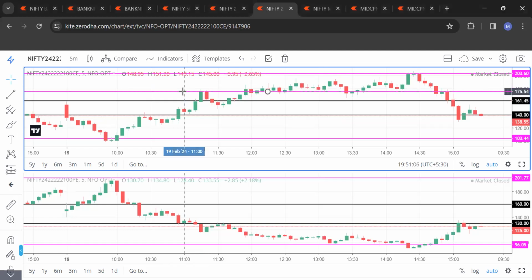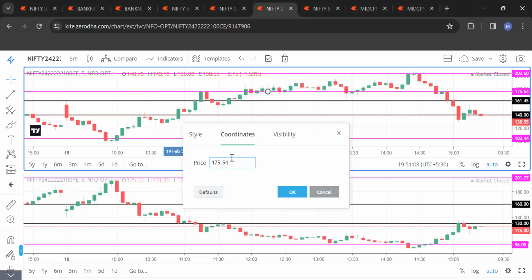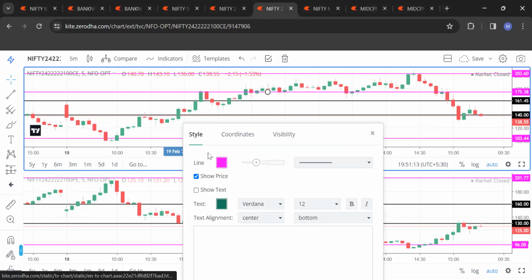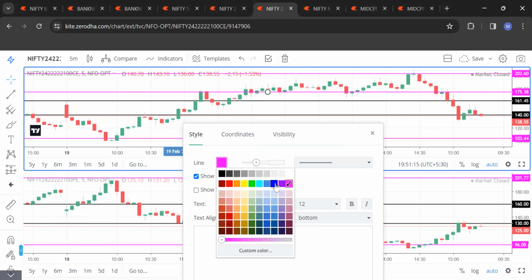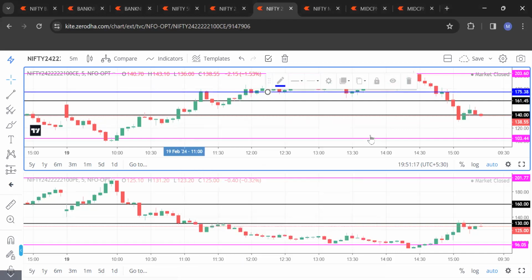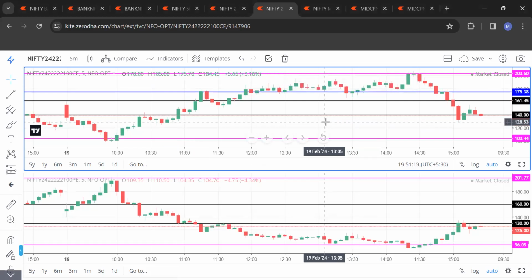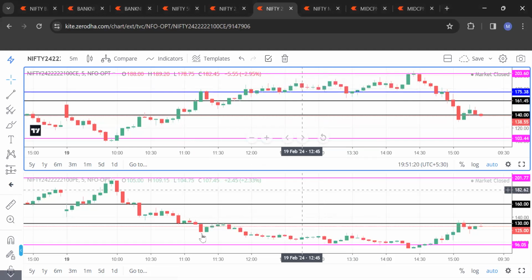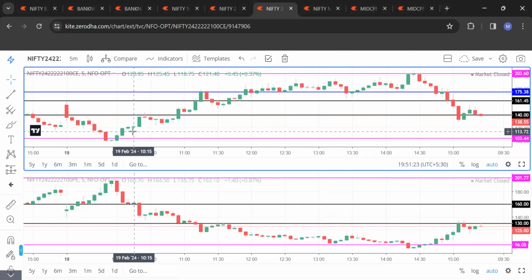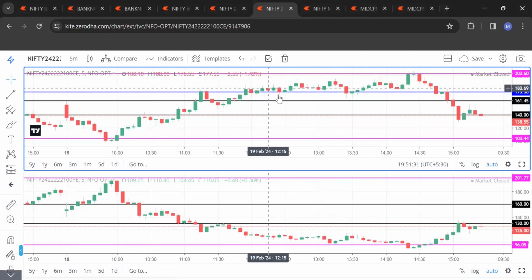Now I will change the color. I will just give a blue color. 173.38. And when you subtract, you get 118.03. It should be 173.42, no? No, it's 173.38.